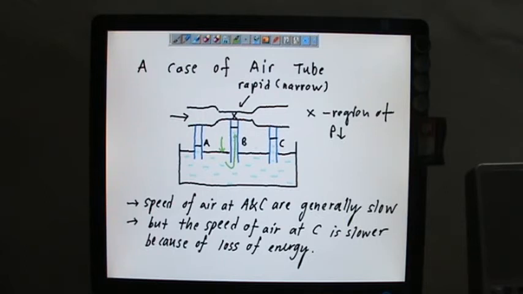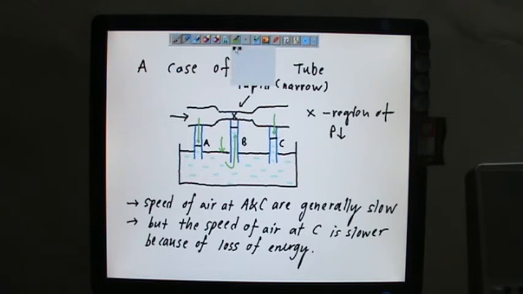As for A and C, again it's a case of A having higher pressure, more energy, C having less energy. So the high pressure seems to be pressing the water down, and this one, with less pressure because it lost energy already, seems to be pressing the water down less compared to A.